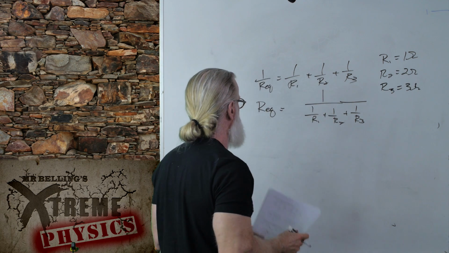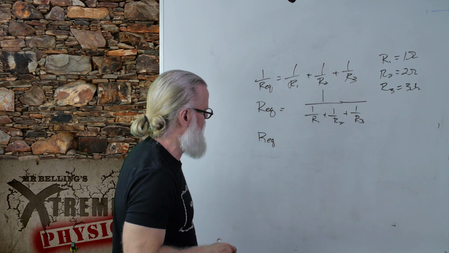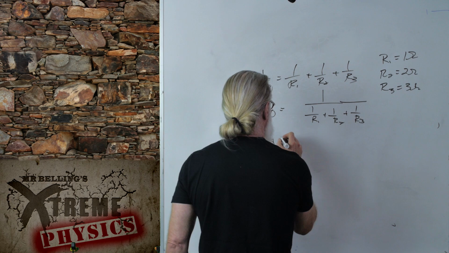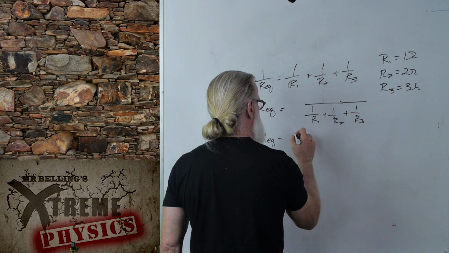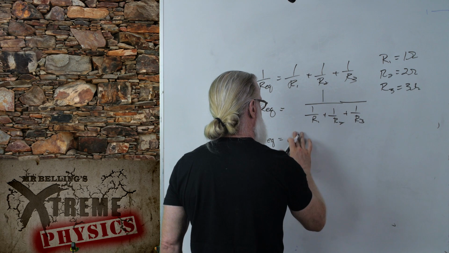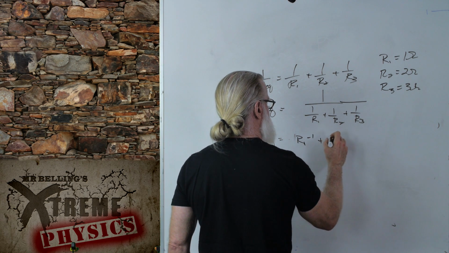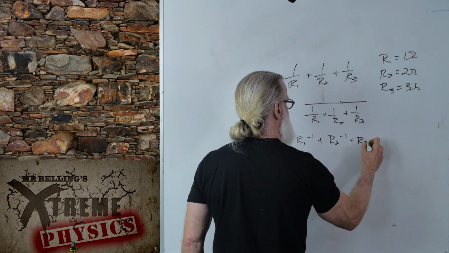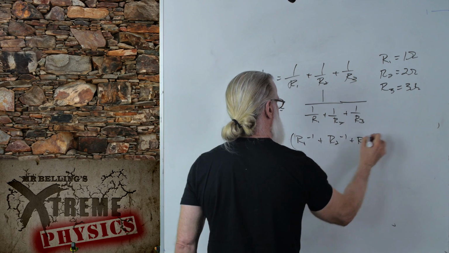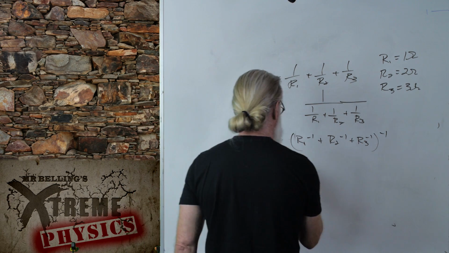If you're using the Texas Instruments calculators, really what you want to do is look at it this way. It's really R1 to the minus 1 plus R2 to the minus 1 plus R3 to the minus 1, all to the minus 1. So that's what you're going to do in your calculator.